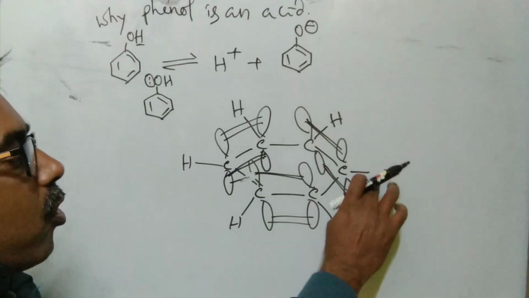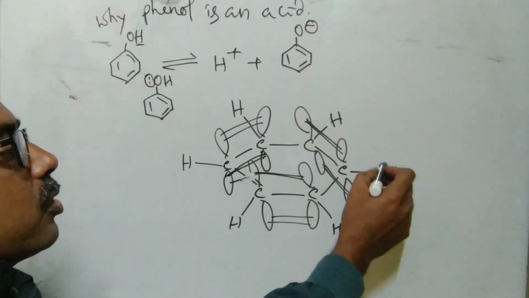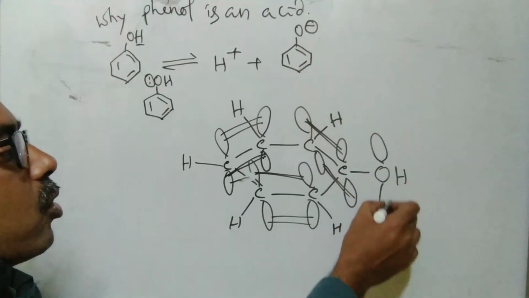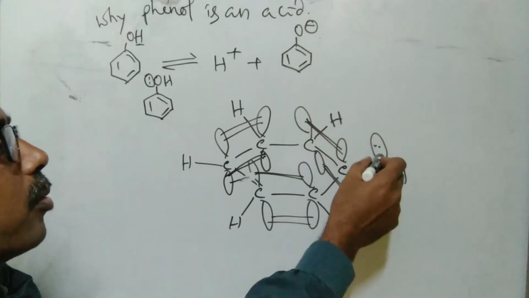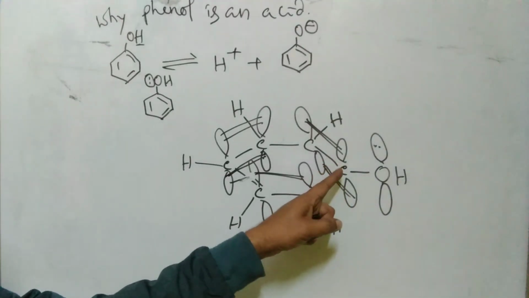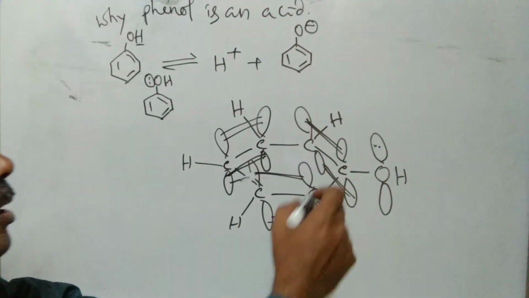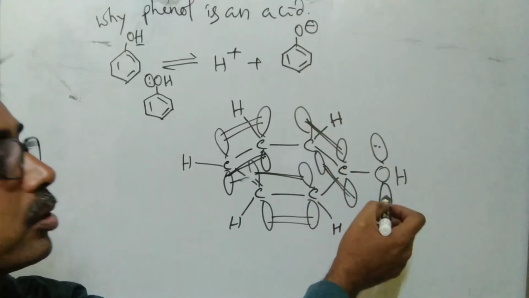Now if oxygen is there instead of hydrogen, oxygen also has a lone pair which is present in a p orbital. That lone pair is also parallel with the pz orbitals of carbon. So here a pi bonding, a lateral overlapping, can also be formed.